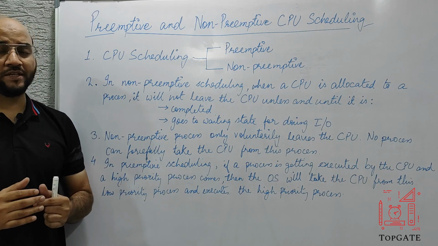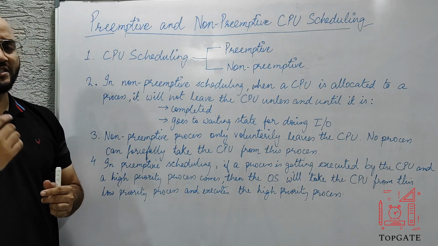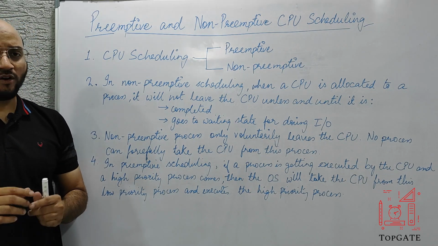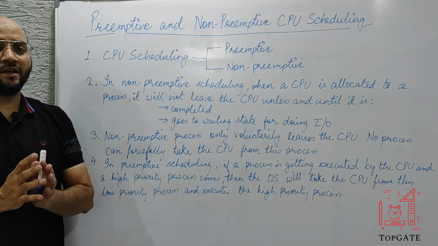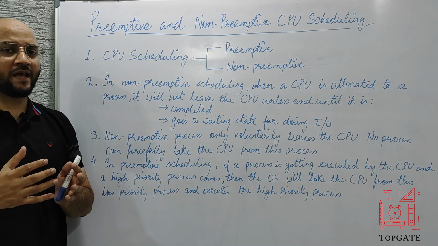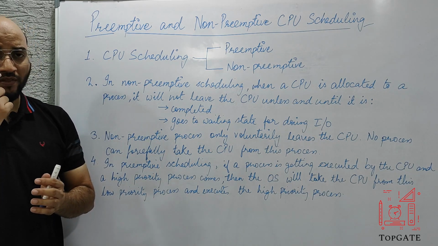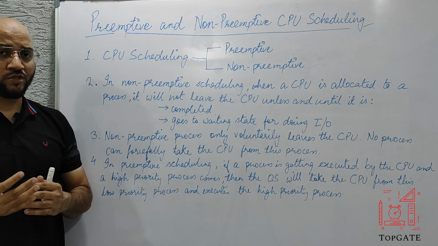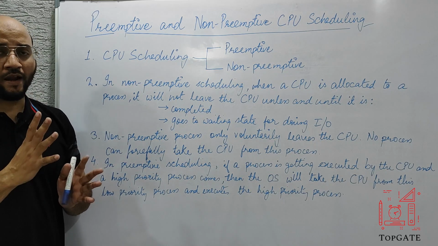Preemptive scheduling says that suppose a process is getting executed by the CPU and while it is being executed, suddenly a high priority process comes. This high priority process tells the operating system that I am a higher priority process and I need to execute right now.